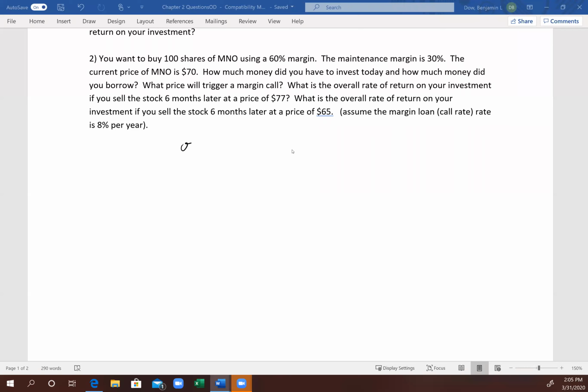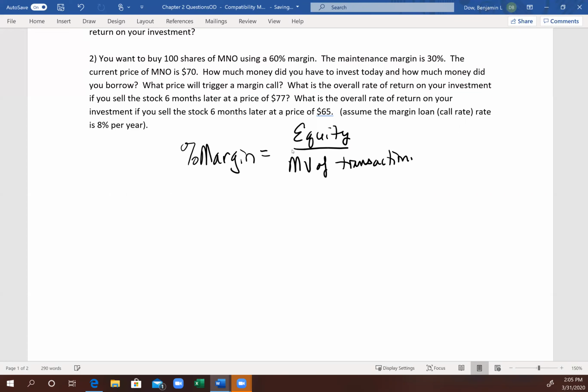The percent margin was calculated as the equity position divided by the market value of the transaction. So buying on margin was pretty easy. If we've got an initial margin, remember the SEC sets this up.